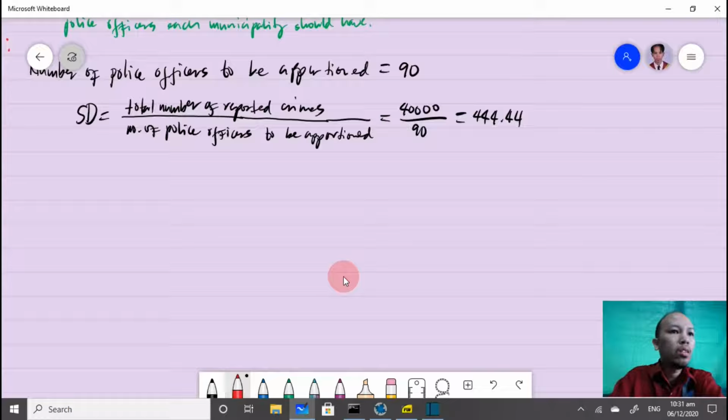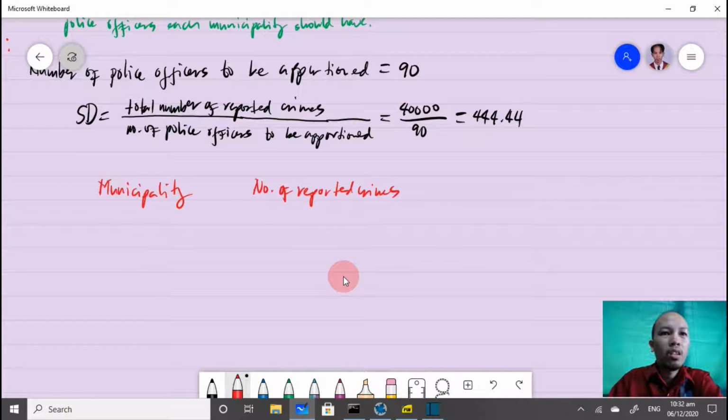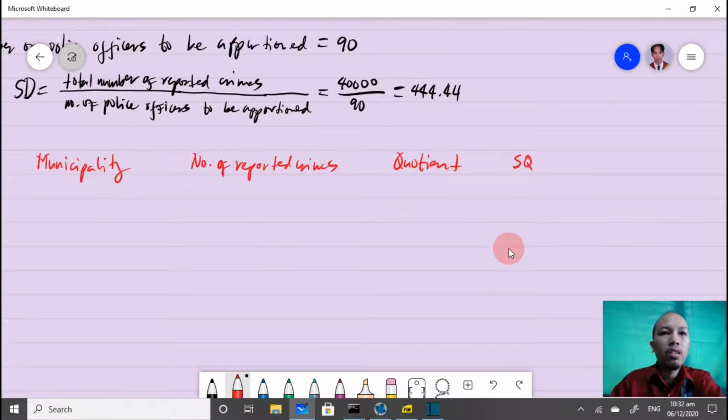Here we have the municipality, the number of reported crimes, the quotient, the standard quota (SQ), and finally the number of police officers.